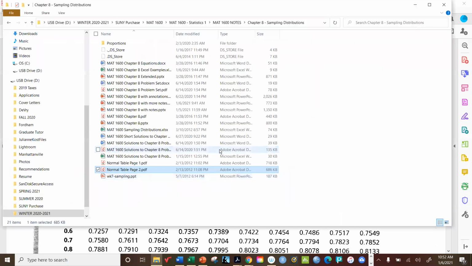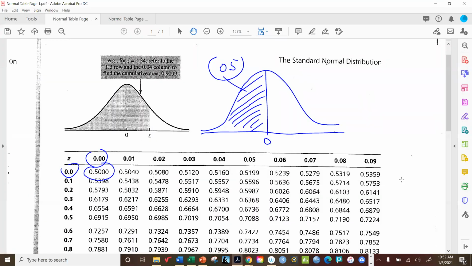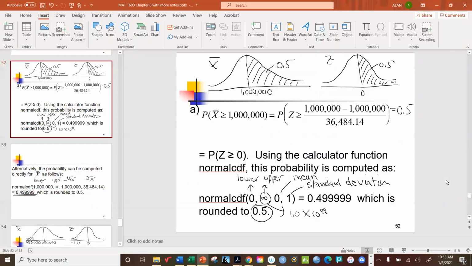Oh, but of course they were asking for above a half, so that's not a problem because it's also a half. In other words, remember the probability was actually greater than $1 million. So the area to the right and the left are both a half.